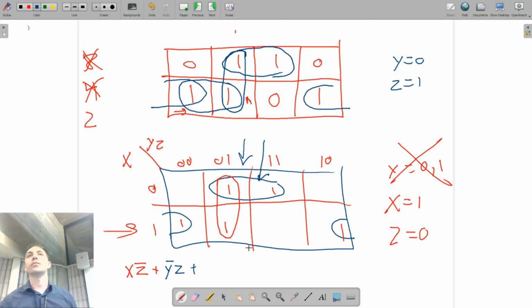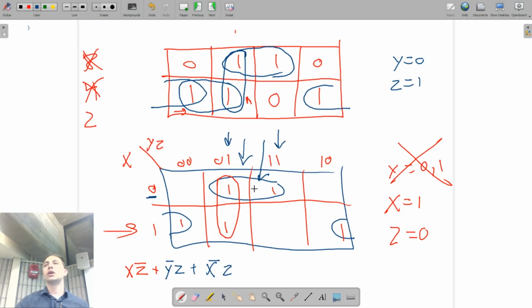I would like you to try and tell me what this term is. The middle top two. What do you think? X not Z. X not Z, because X is 0 in this whole row.